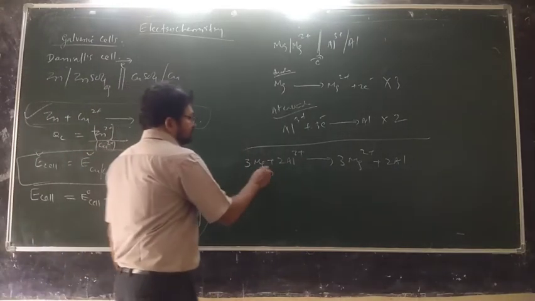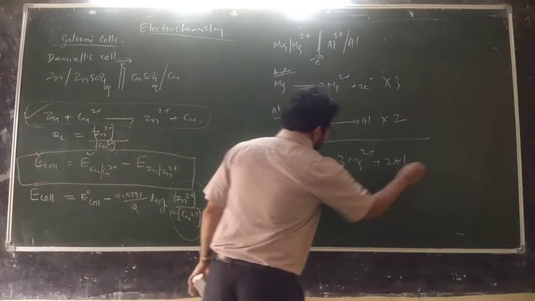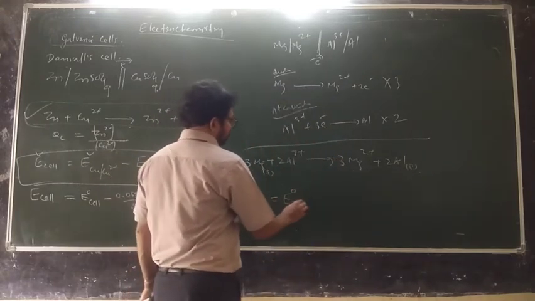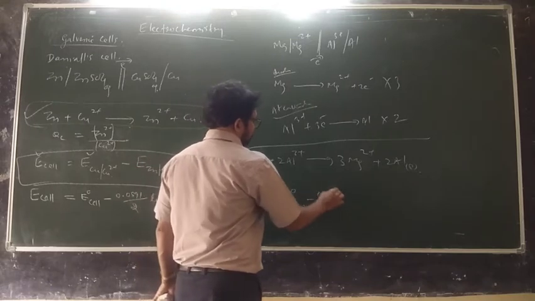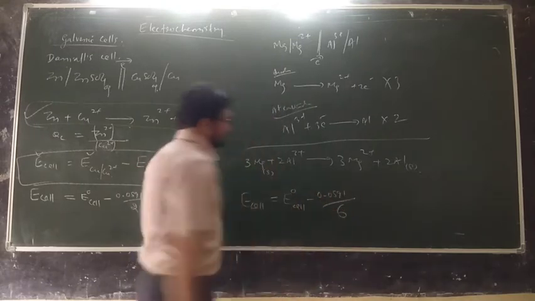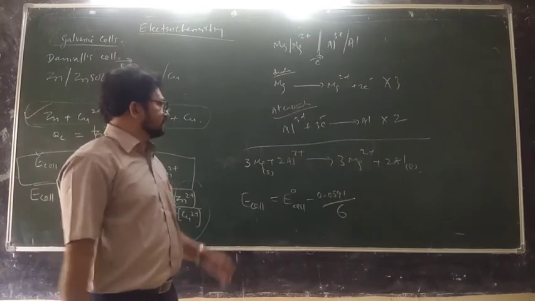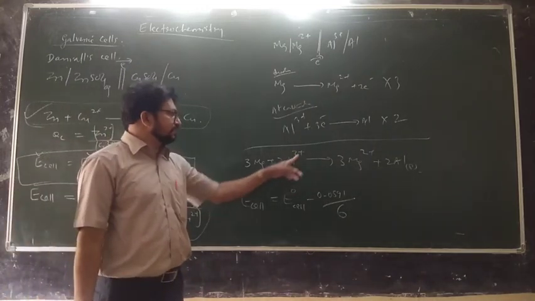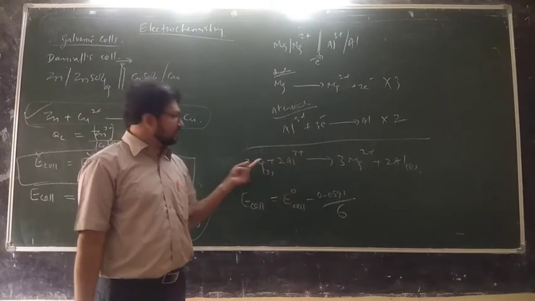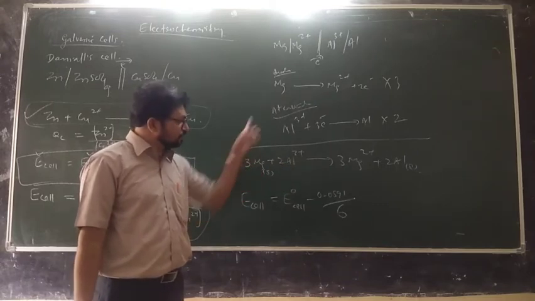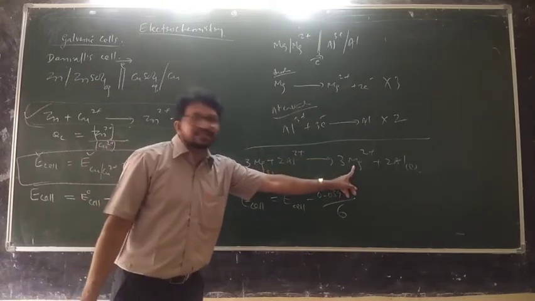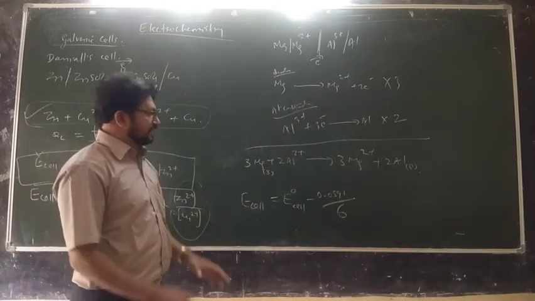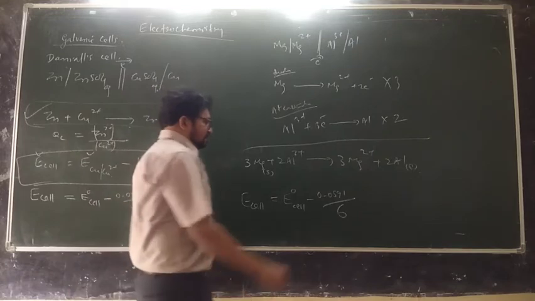So you substitute the value of QC in this equation. This is solid, unity. This is solid, unity. Can you write the Nernst equation here? E of cell equals E naught of the cell minus 0.059 by 6. What is the 6? 6 electrons lost. How do you know? Aluminum is 3+, magnesium is 2+. For each magnesium, 2 electrons are lost, and 3 moles of magnesium means 6 moles.